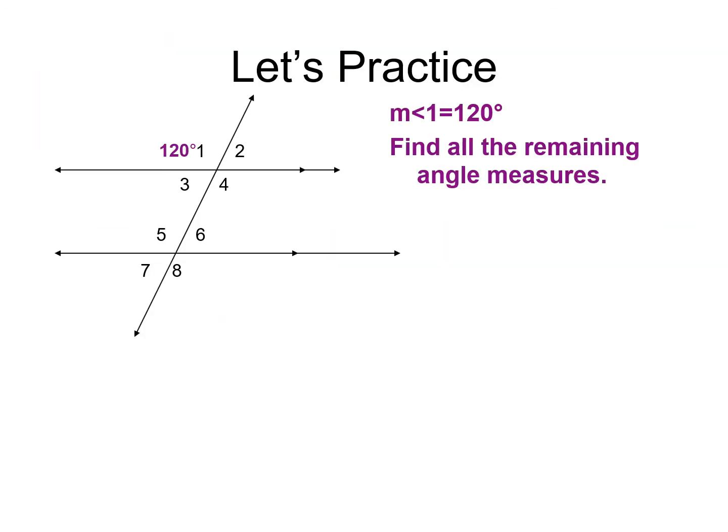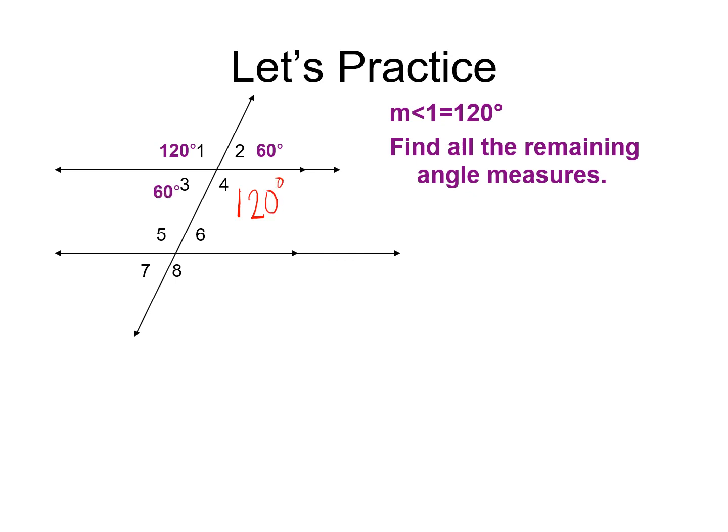So let us practice in this figure. Find all the remaining measures. Given that angle 1 measures 120 degrees, we could say that the measure of angle 4 is also 120 degrees.